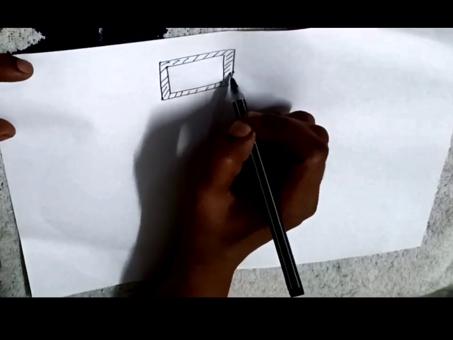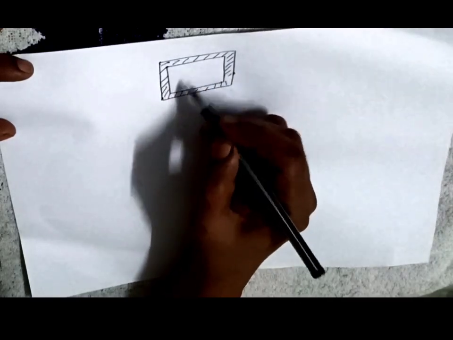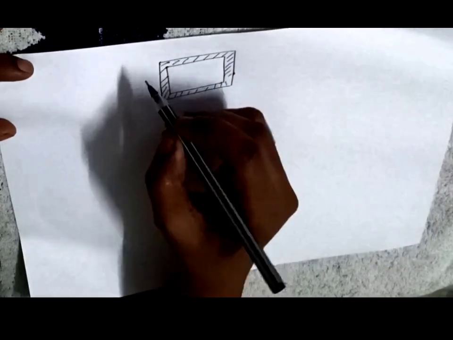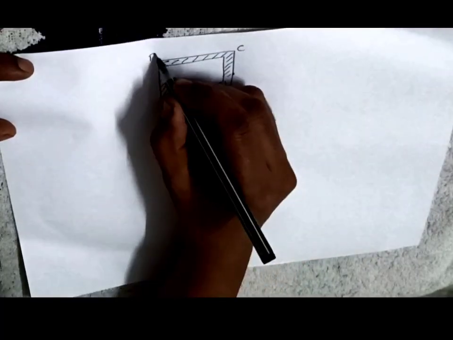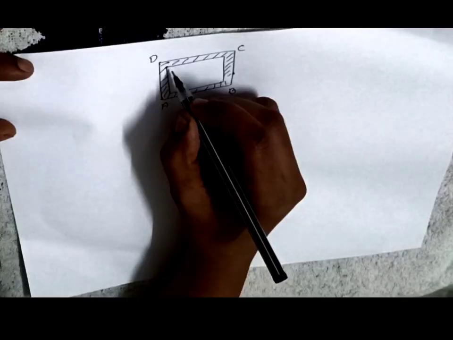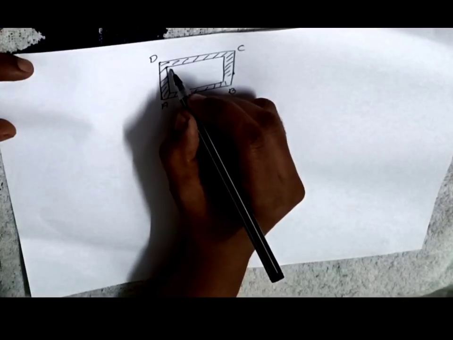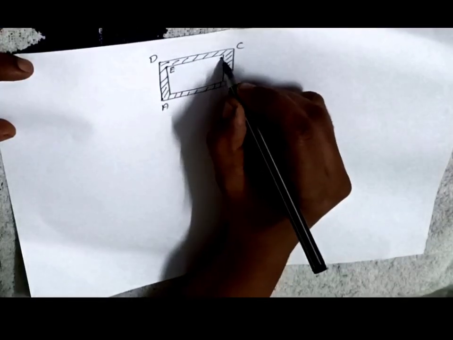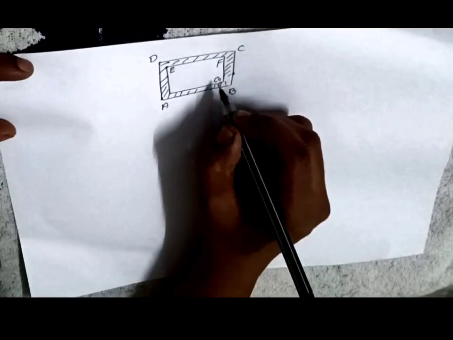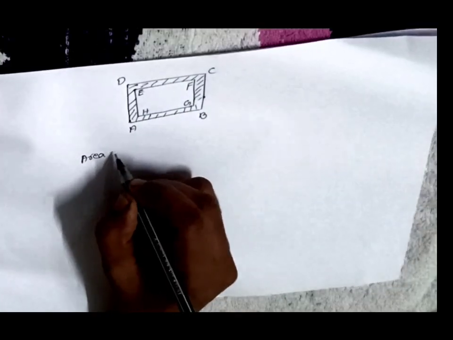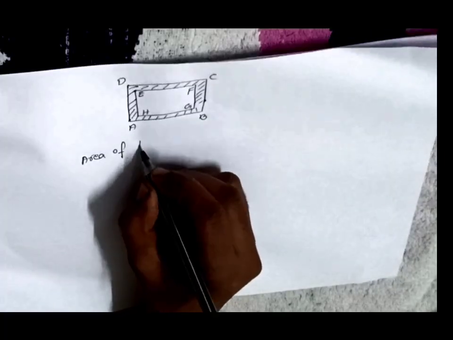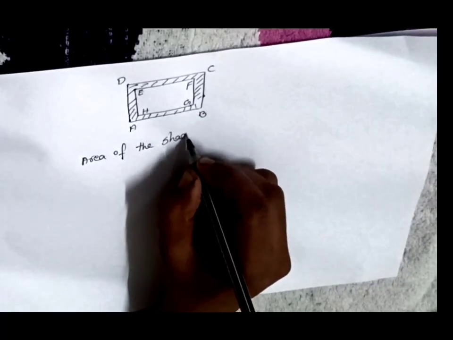First we have to find out the area of the total region, that is the area of the rectangle ABCD, and finally we have to find out the innermost region. Here will be a rectangular form EFGH.